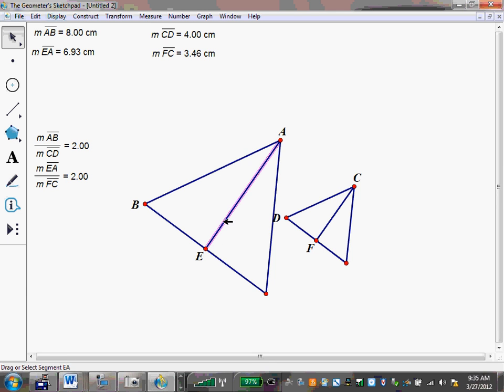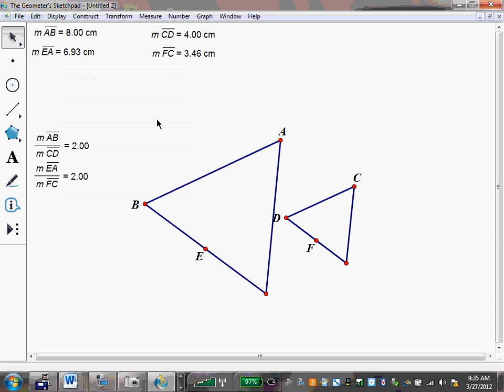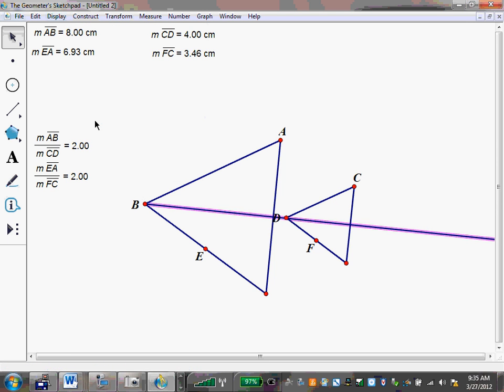So I'm going to hide my medians. And now I'm going to construct an angle bisector. So I'm going to highlight angle B, and then I'm going to say construct angle bisector. Well, it went right through point D. I don't want the whole segment.